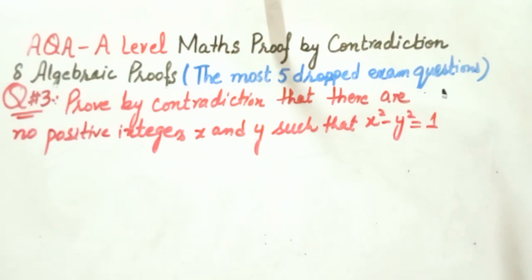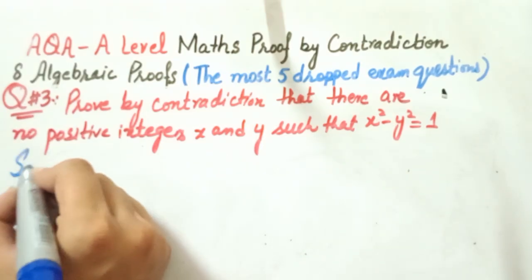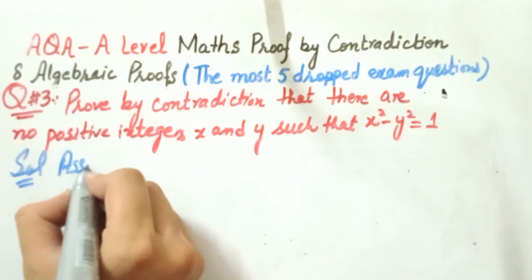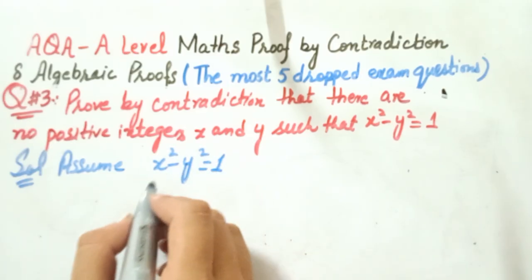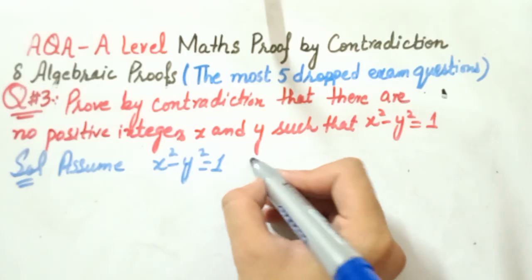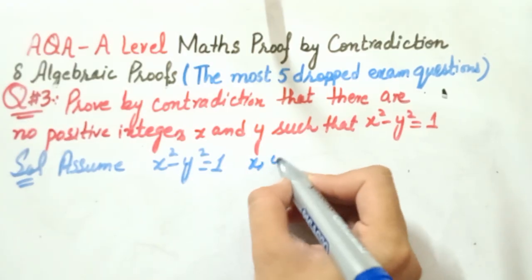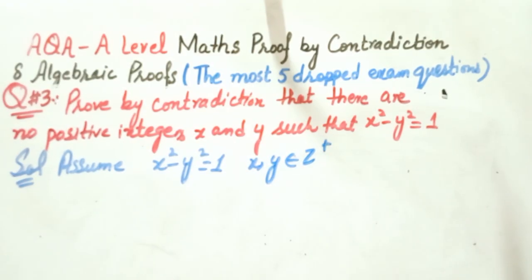Assume that there exist integers x and y such that x square minus y square equals 1, and the condition is that x and y belong to Z positive. Both are positive integers. We want to prove that there are absolutely no positive integers such that x square minus y square equals 1.